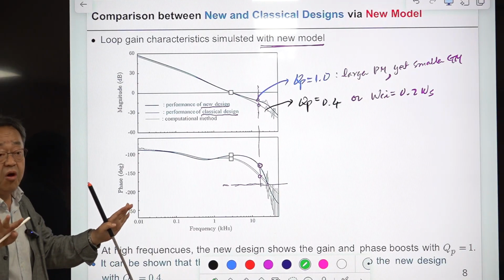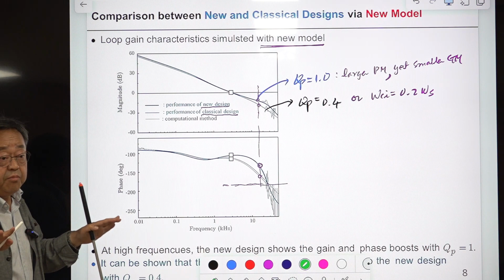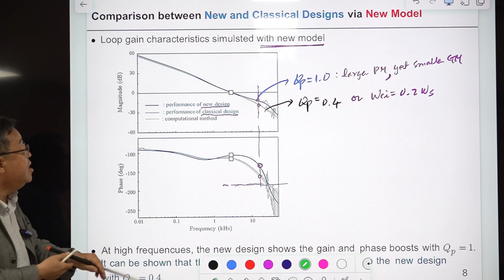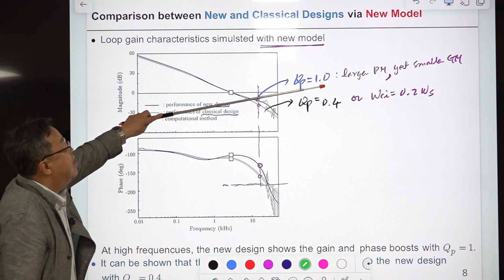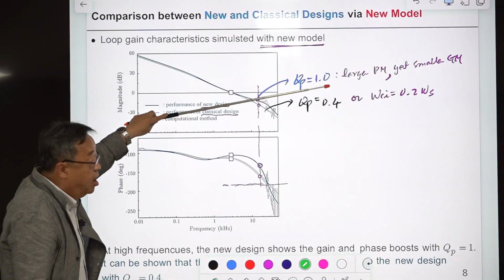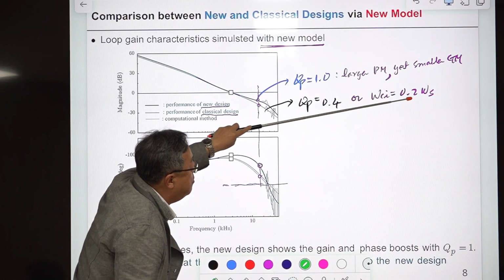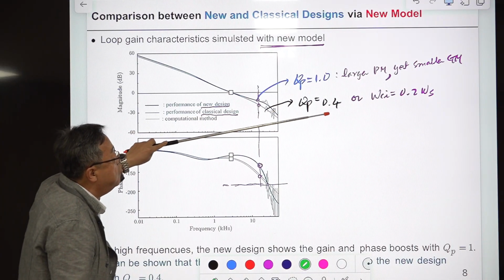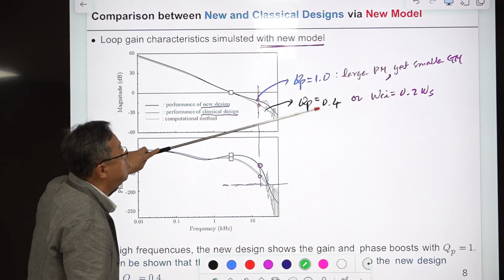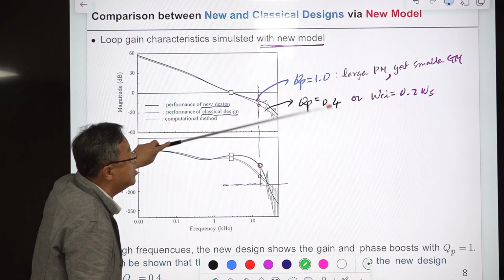There is a difference of the QP. Right. In the new design, we are talking about QP, but the classical design can be converted in terms of the QP. Then this QP is 1.3 in the new design. We select this number, and we select this in the classical design, but it can be transformed to this 0.4. You just multiply this by 2, then it becomes this equivalent. QP is 0.4. Okay, this is much larger than this, 2 times larger than this.